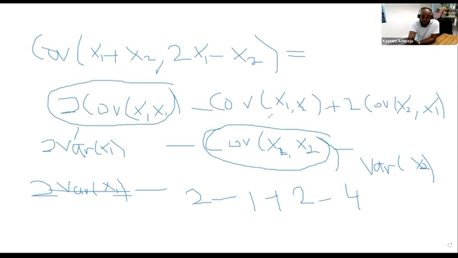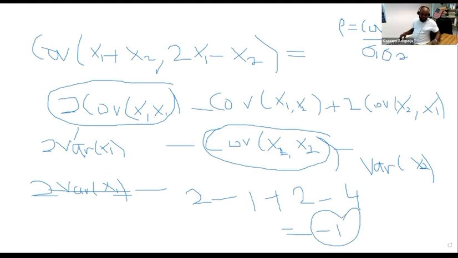The covariance of x1, x2, you can find using the idea that I told you the other time: rho equals covariance of x1, x2, divided by sigma 1 sigma 2. You'll be given all of that, you can just find that out. So that was what I did. In the end, I got -1. That is how you're going to go about that.